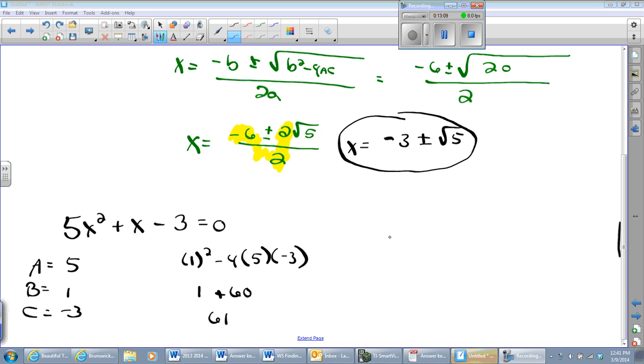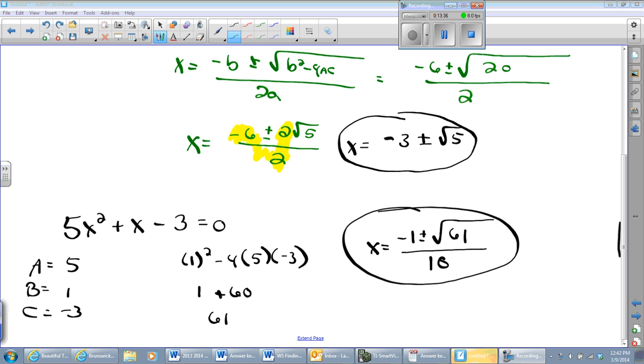And so x will equal negative of b plus or minus square root of 61 over, lost my place, 10. Now, 61 is prime. It won't break down, and 10 and 1 don't simplify, and there's nothing there to simplify. So this is the simplest answer.